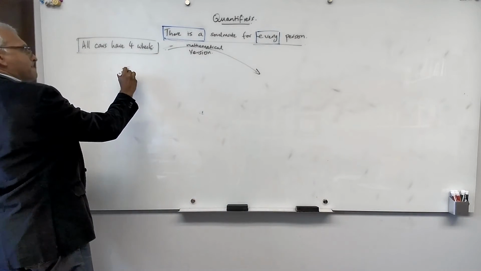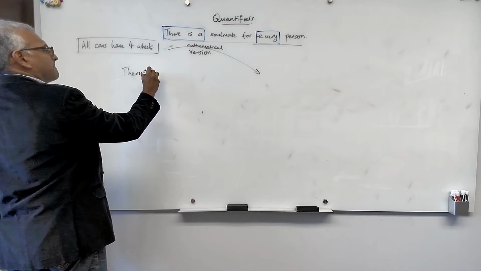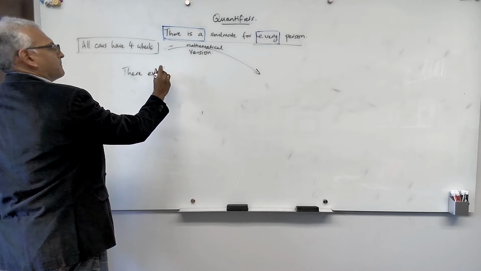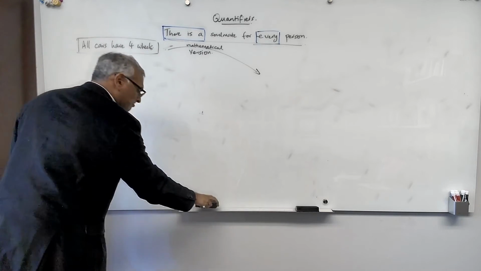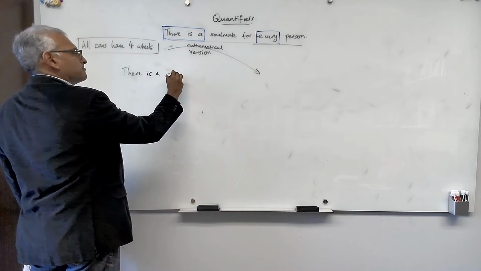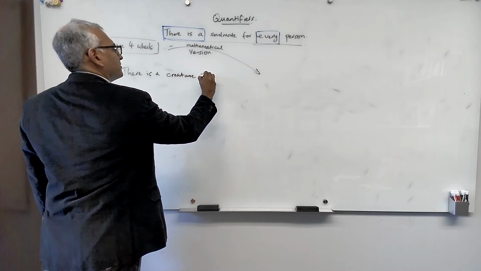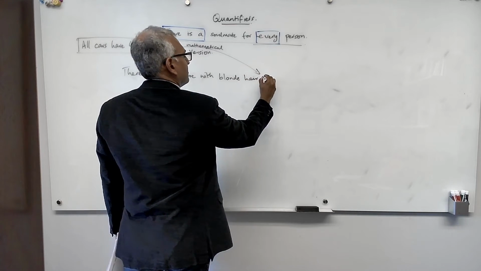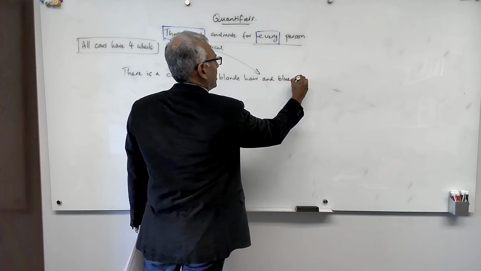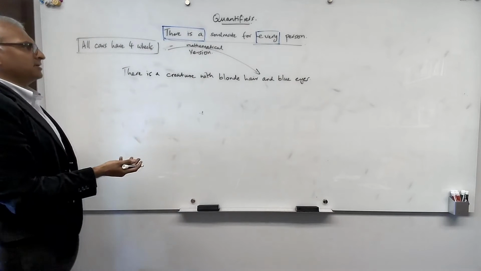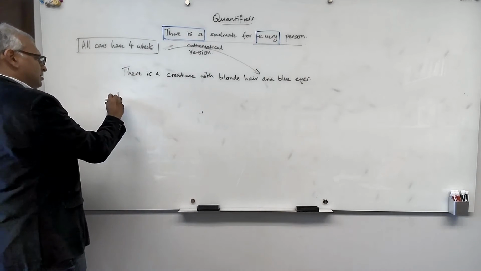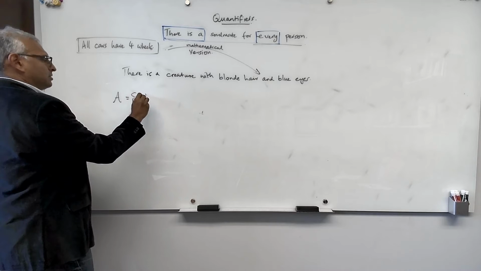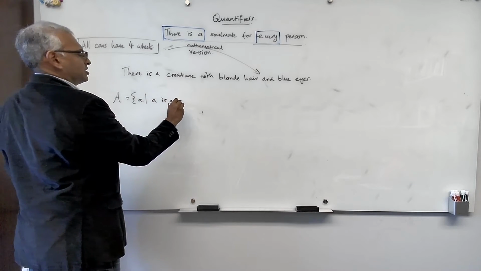There exists, there is a creature with blonde hair and blue eyes. So let me define the set of creatures. A is the set of little a where a is a creature.